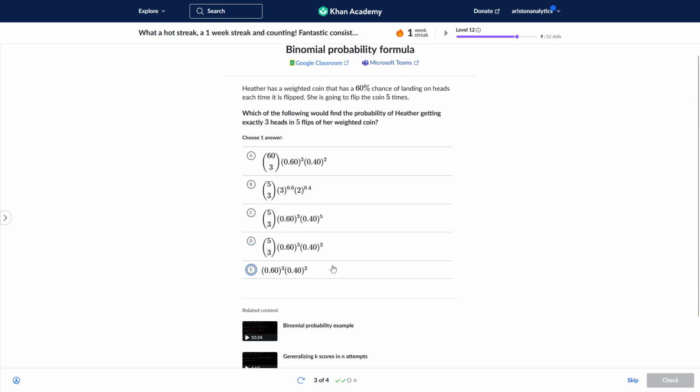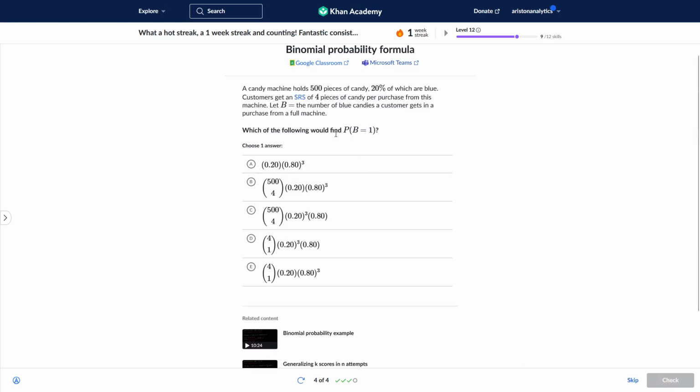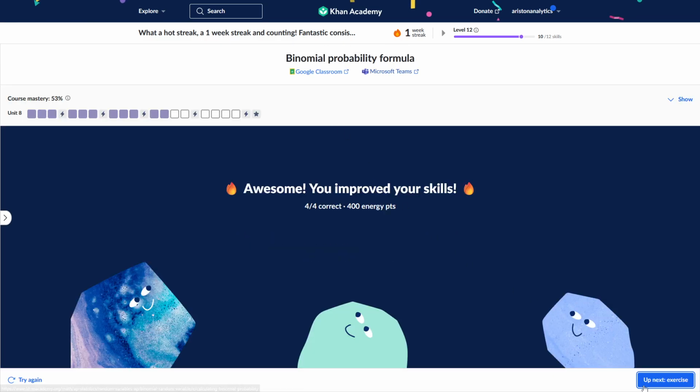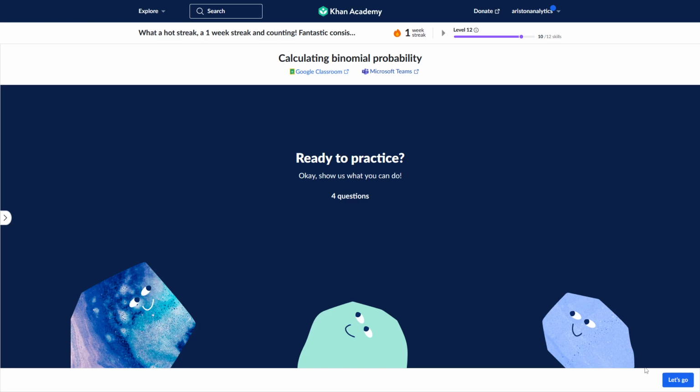Exactly 3 heads. It's one of these. Wait, okay.